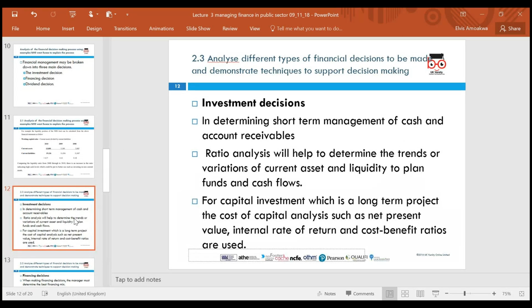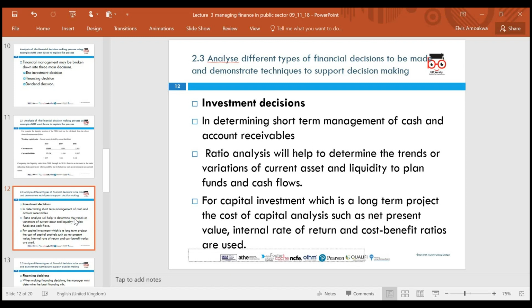The next slide looks at learning outcome 2.3. So 2.3 is to analyze different types of financial decisions to be made and demonstrate techniques to support decision making.